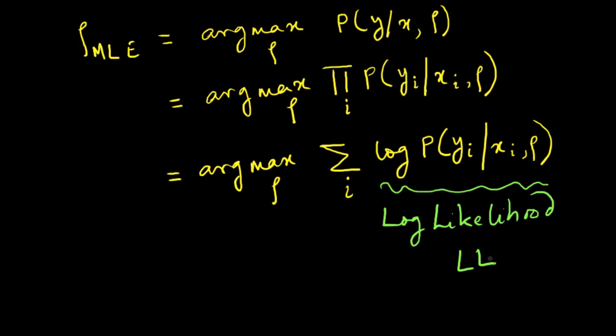So this is a general concept of MLE, and now let's apply that to our favorite coin toss problem and see what estimate we get for rho by using this method of maximum likelihood estimation.